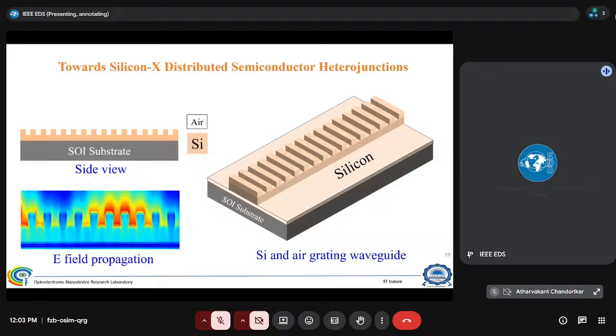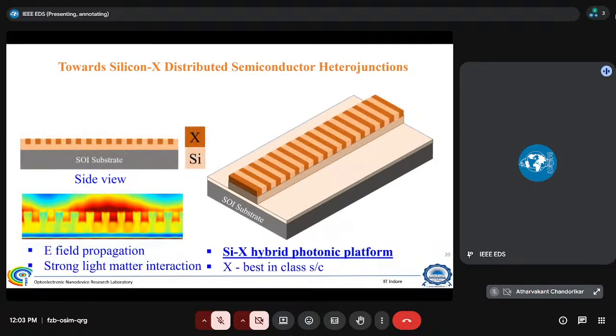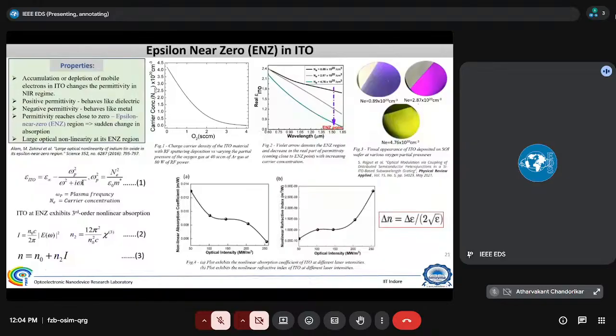So you have this silicon and air, then you fill your X semiconductor here. This X can be best in class semiconductor. So you can mold the flow of light which is propagating here, and you may have semiconductor heterojunctions which are multiple, distributed along the propagation of the light, right?